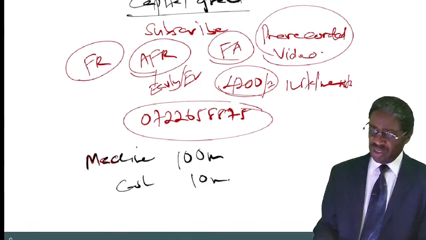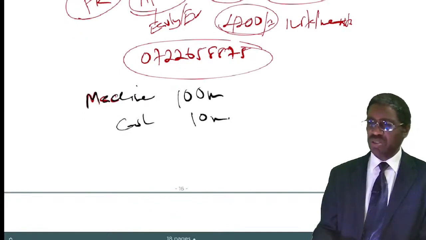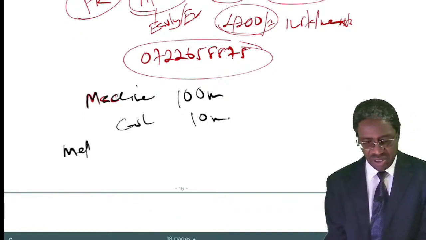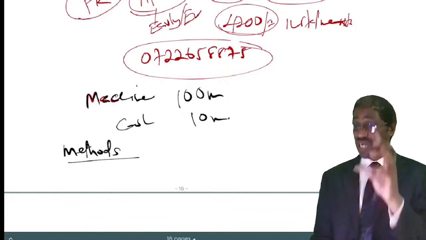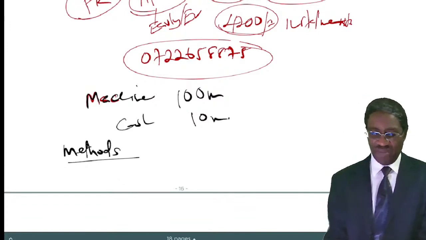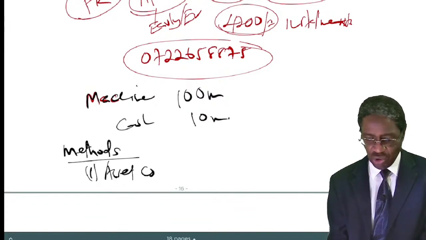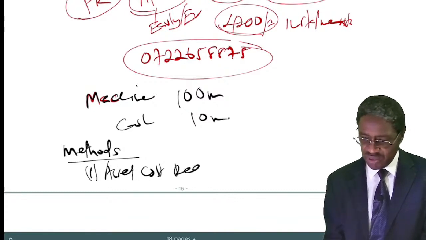Number one is what we call the first method. Let me write them here, methods of accounting for capital grant. One of them is called asset cost reduction method.